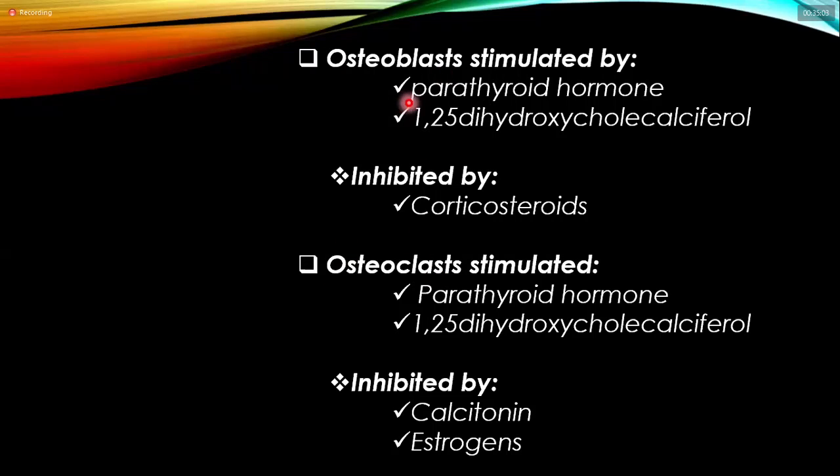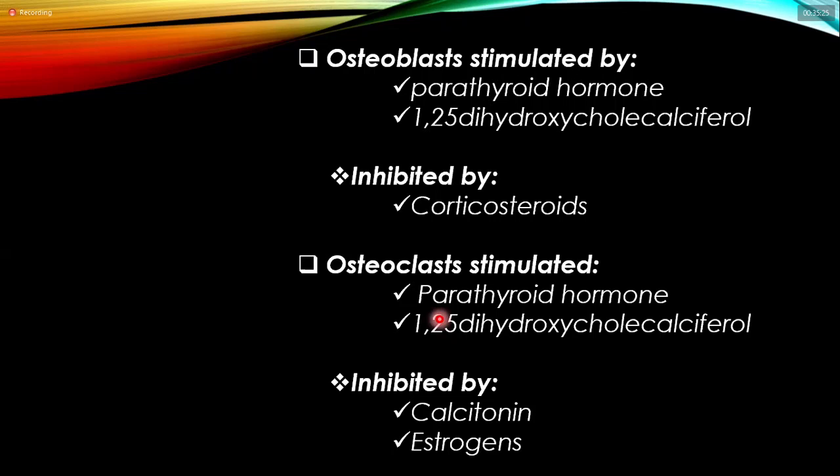It's very strange to say that the parathyroid hormone as well as 1,25-dihydroxycholecalciferol, which is vitamin D, are responsible for the stimulation of osteoblasts as well as osteoclasts. But at the molecular level, these molecules can stimulate these two different types of cells.